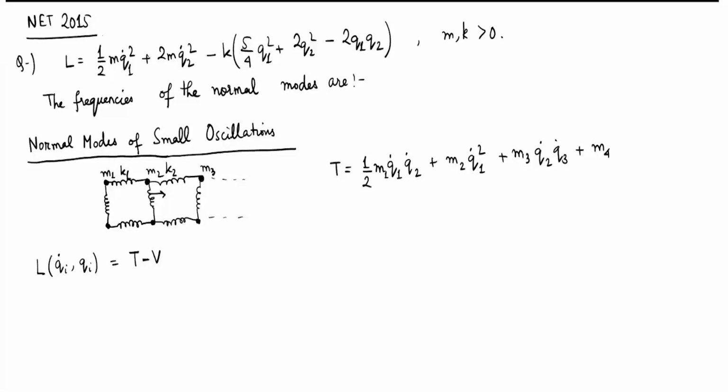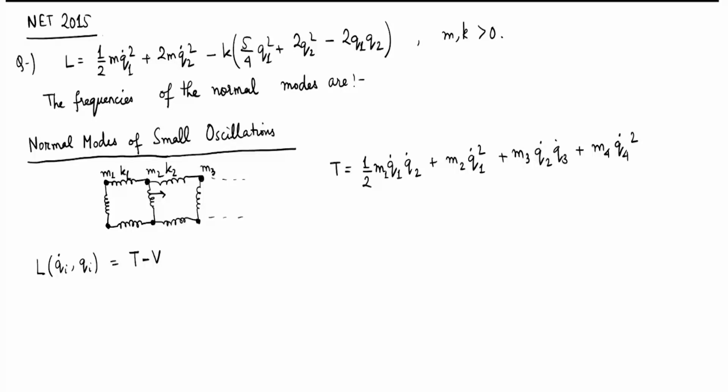These are some constants. You can take these constants as mass, but it is not actually mass, I will tell you. The dimension is mass into velocity square. So m4 into q4 dot square, something like this.